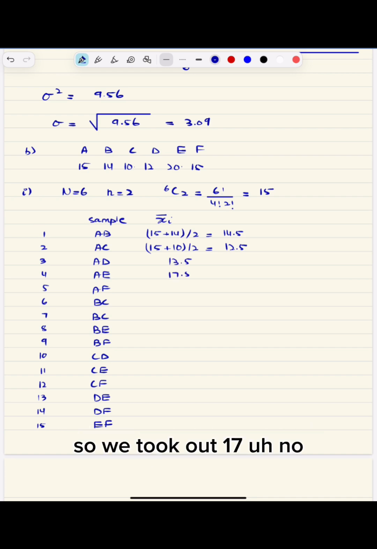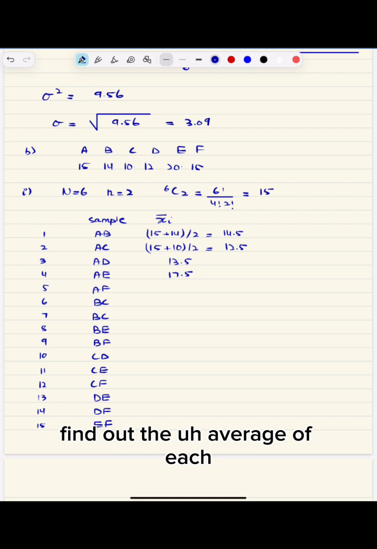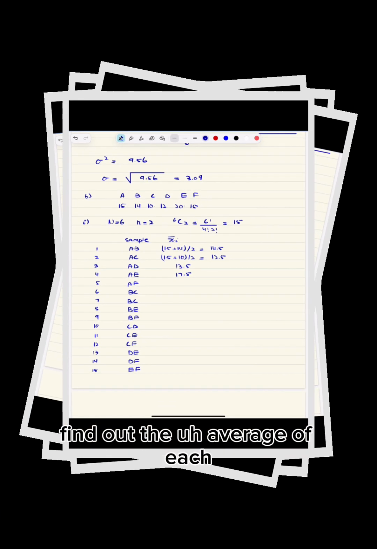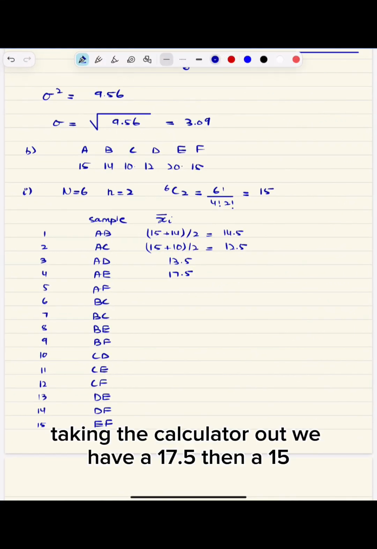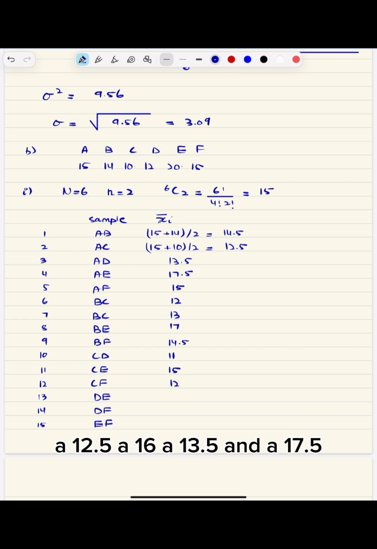So we took out 15 samples, and we want to find out the average of each. Taking the calculator out, we have 17.5, then 15, then 12, then 13, 17, 14.5, 11, 15, 12.5, 16, 13.5, and 17.5.